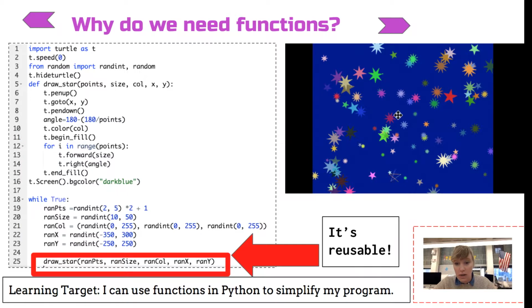So this is going to run indefinitely until I close my browser window. The whole point is I made this block of code that was reusable, and then in the while true loop, I just called that block of code to run again and again with different randomized numbers that told us the points, the size, the color, and the position of the X and Y.